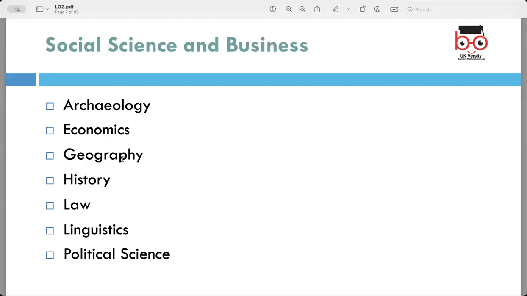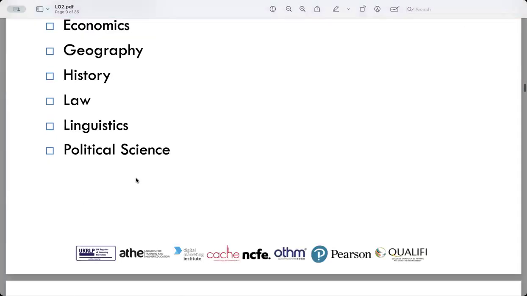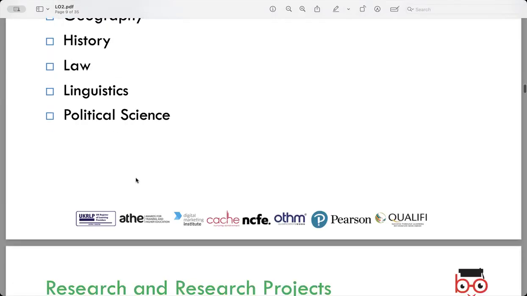In business research, we combine ideas from these fields to better understand how businesses operate and how people act within those organizations. So when you research globalization and its effect on marketing or operations, you are actually applying social science methods to solve real business problems.